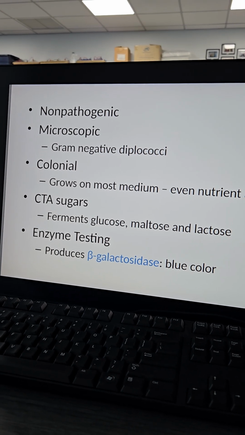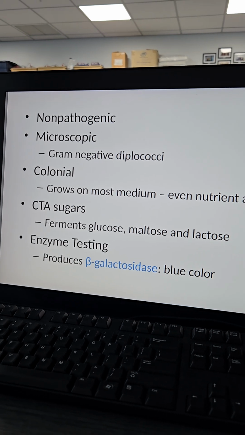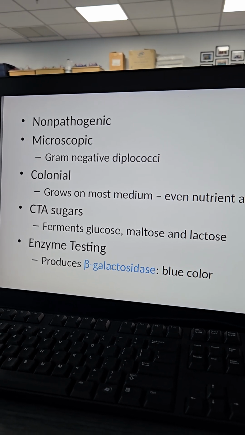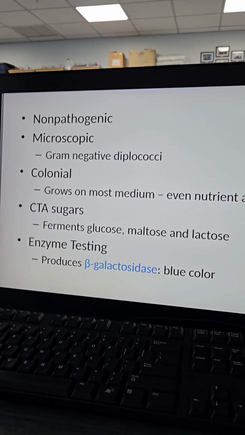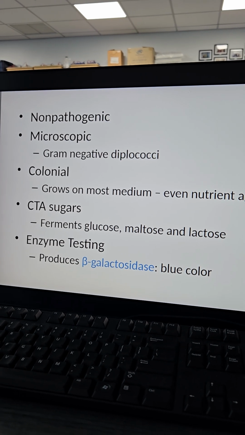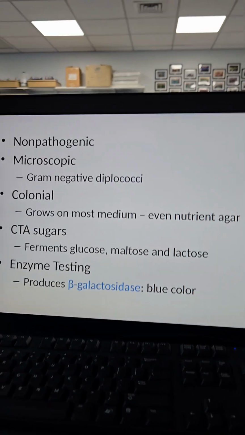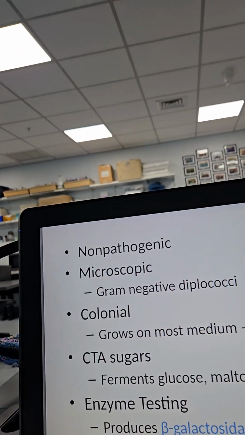So it has to be able to use the galactose. So in our Neisseria enzyme testing kit, the one with the liquids, it'll turn a pretty blue color. Okay.